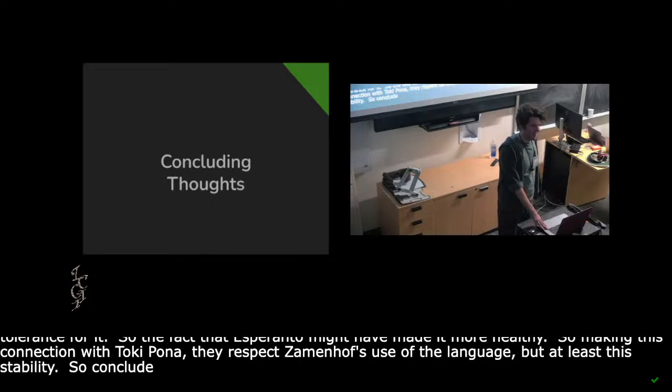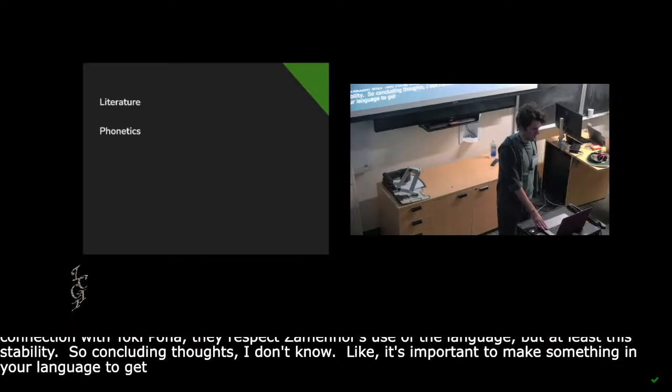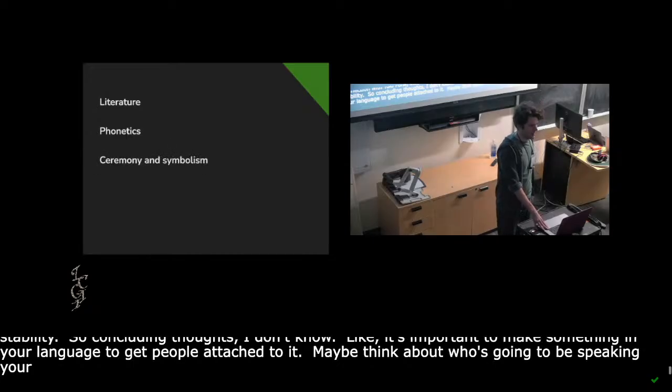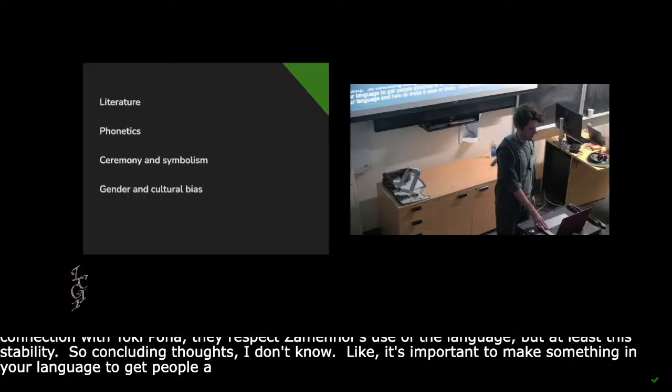Yeah, so concluding thoughts. I don't know. It's important to make something in your language to get people attached to it. Maybe you should think about who's going to be speaking your language and how to make that easy for them. And this kind of ties back in with the literature one. Give them something emotional to attach to, and maybe give them other reasons to get involved.